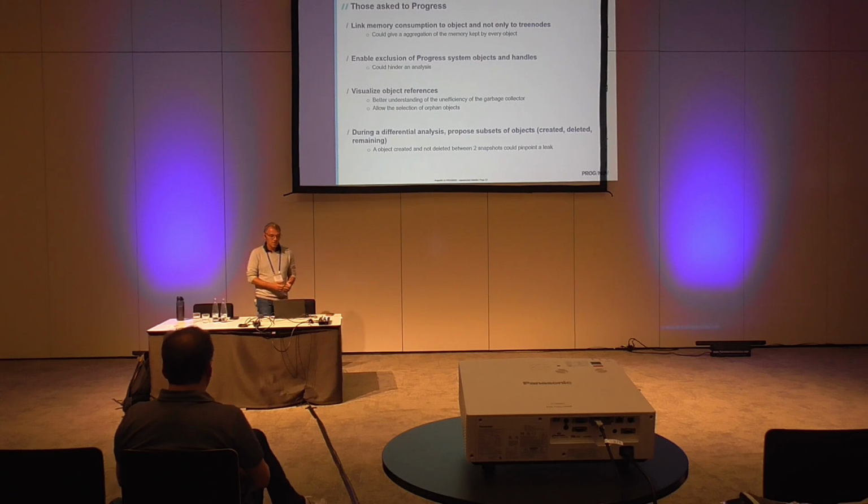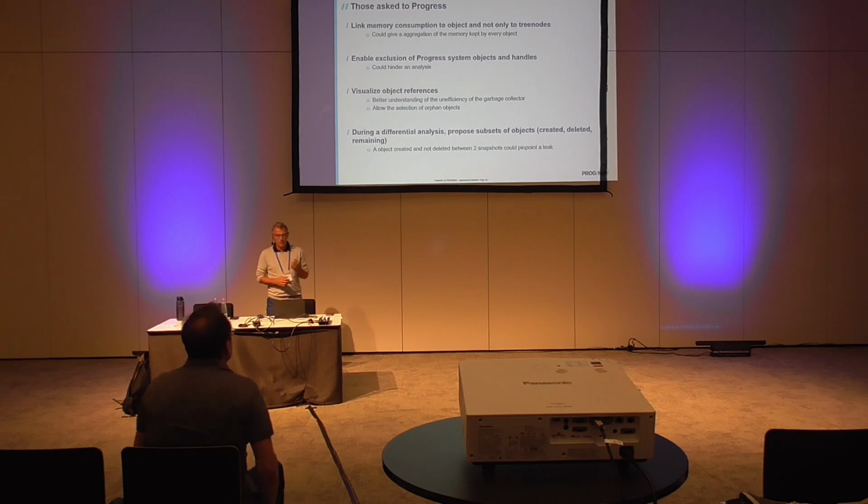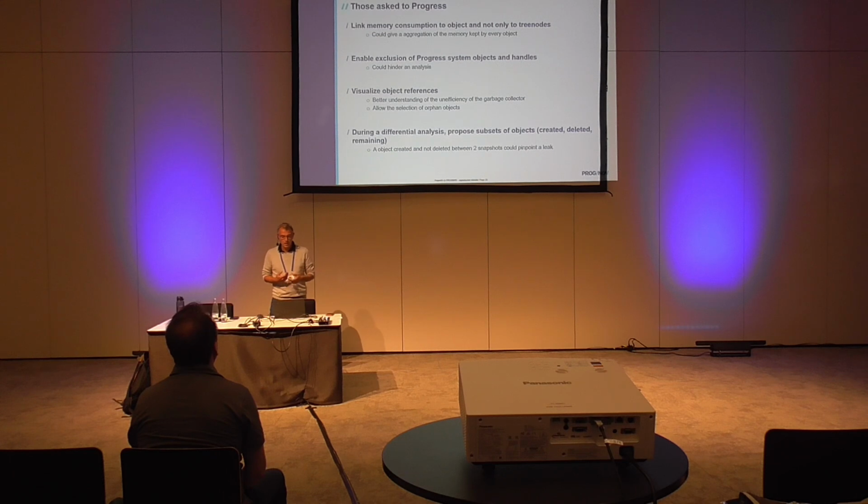What could be interesting also is to visualize object references. It will give a better understanding of the inefficiency of the garbage collector, and it will also allow me to have a selection on the orphan objects. If I select only the orphan objects, I will say 90% of the job is done.